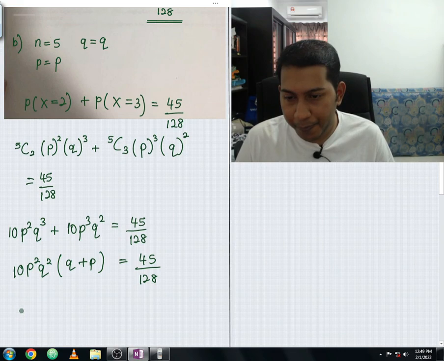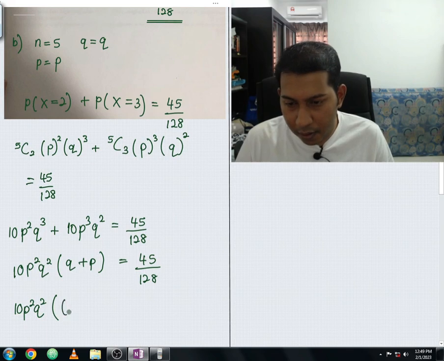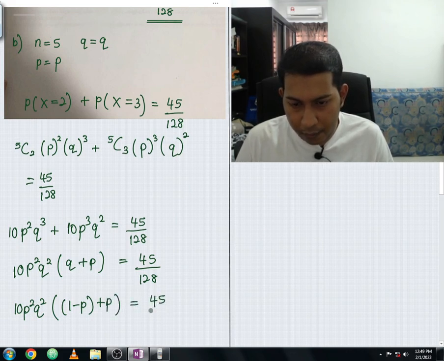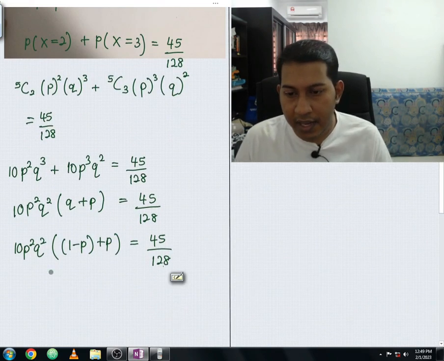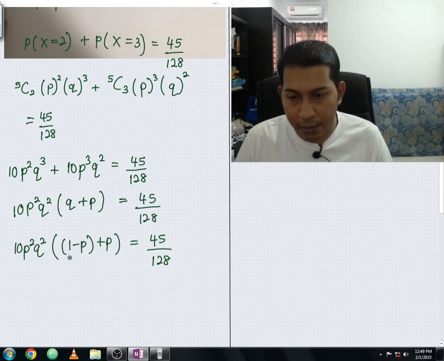So 10 p squared q squared times (1 minus p plus p) equals 45 over 128. Negative p plus p gives 0, so you are only left with 1.